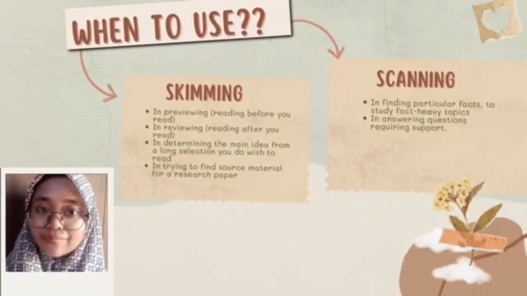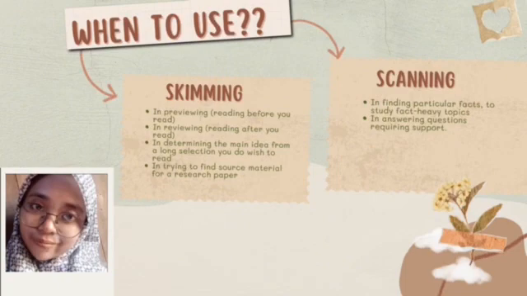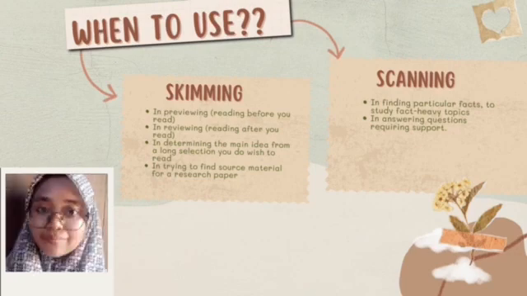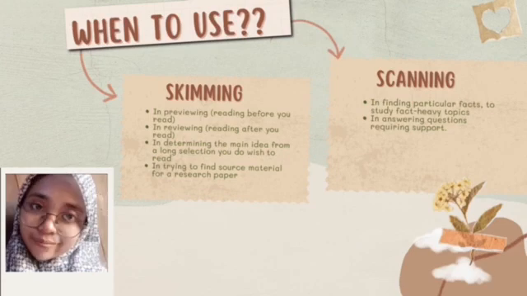Then, we have to know when we can use these reading techniques. For skimming, we can use it in previewing, that means reading before you read. Usually we read it to check in the book or story if we are interested or not. In reviewing, that means reading after you read. We make a revision after you read all the topic.